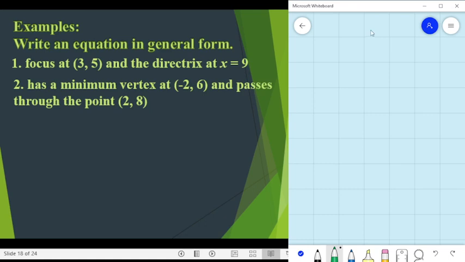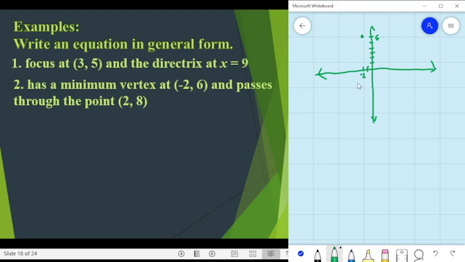So if we graph the given points, we have negative 2, 6. So negative 2 is here, then 1, 2, 3, 4, 5, 6. So negative 2, 6 is here.